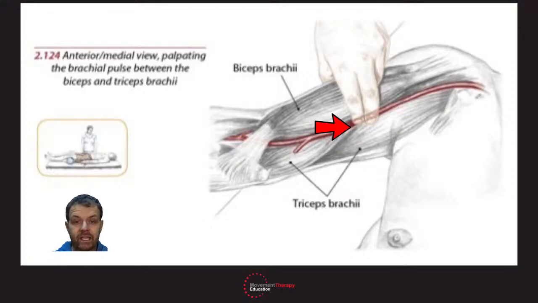It's the brachial artery, and it is in between your biceps and your triceps. So you can see the pathway here. We've had a look at it up in the neck, and in the neck, it came straight off of the arch of the aorta. And then to the right hand side, slight different variation to the left hand side, and we'll have a look at that in a second.